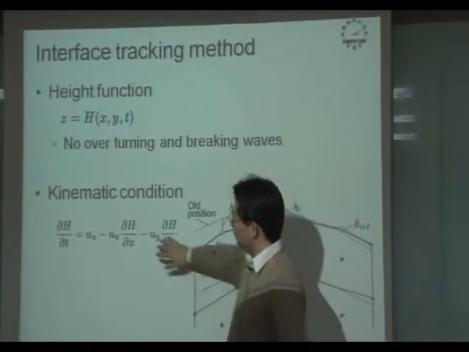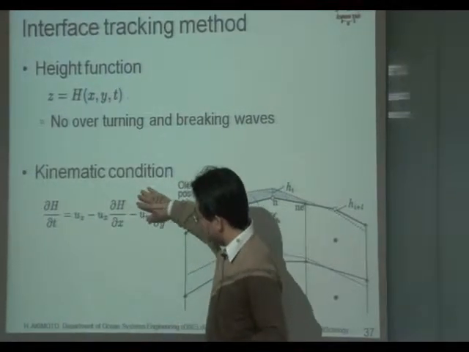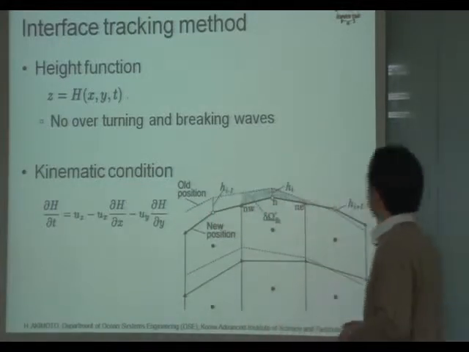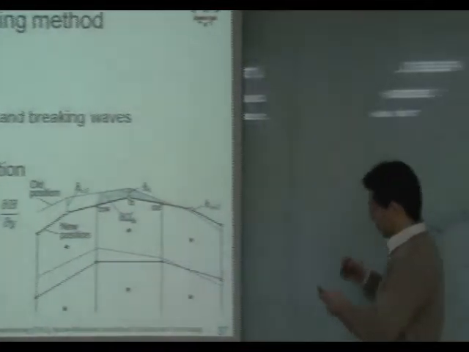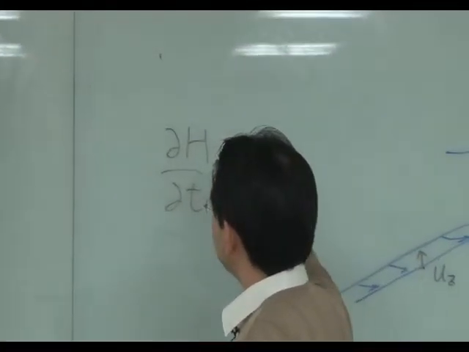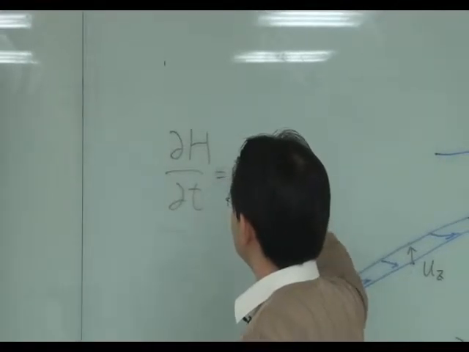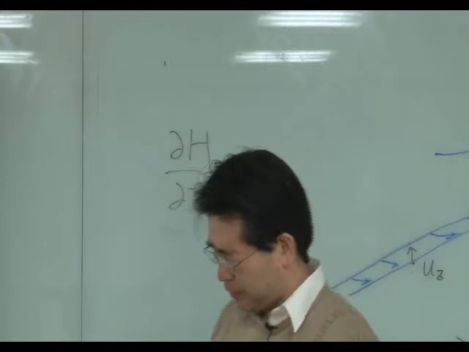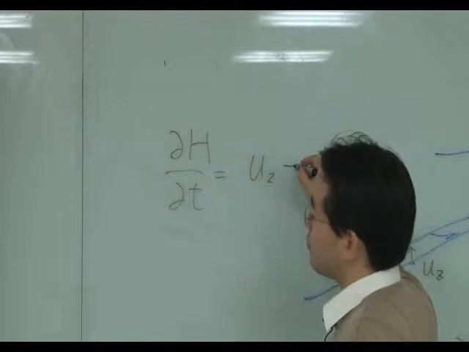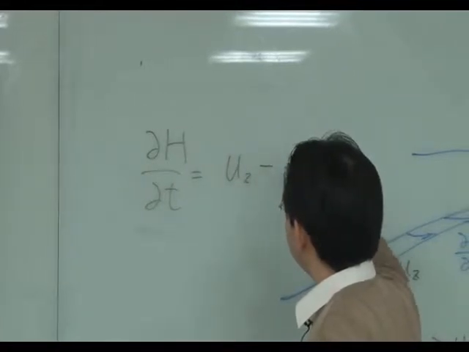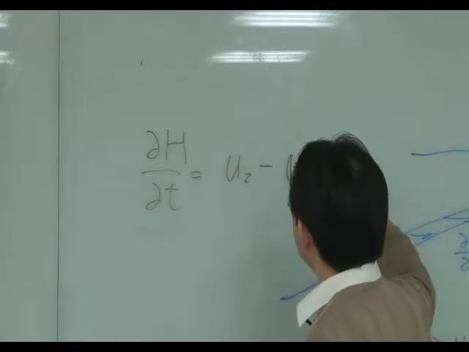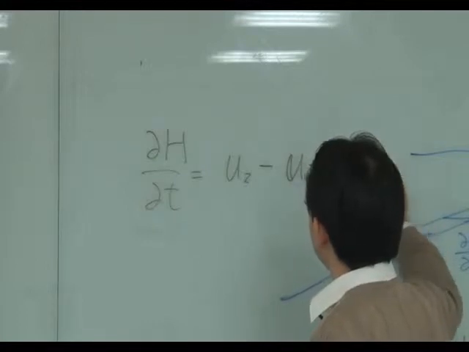The function of the uy part is also the same. So actually the speed of free surface elevation is uz minus the horizontal component of the velocity vector times the gradient of the free surface.